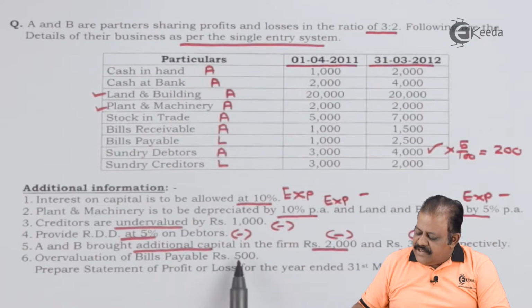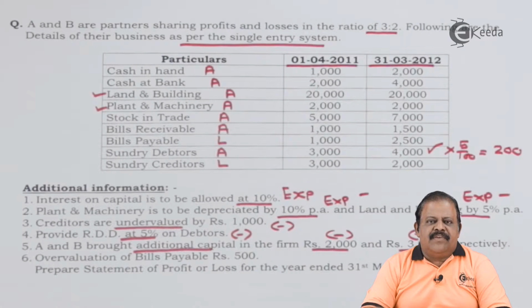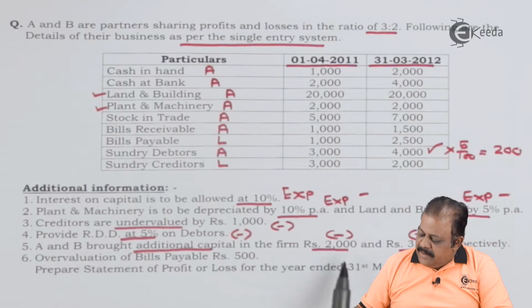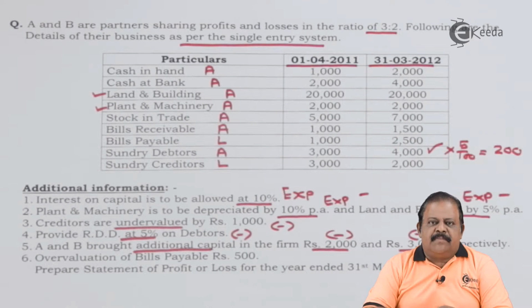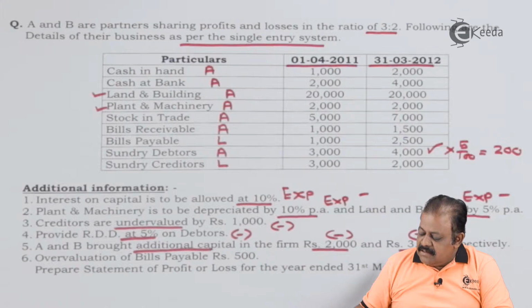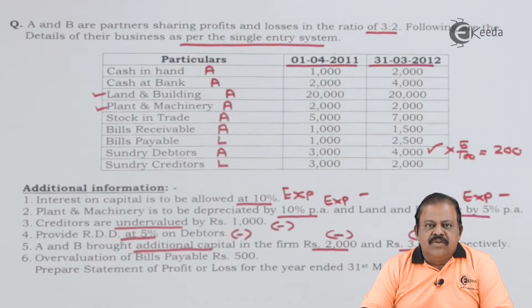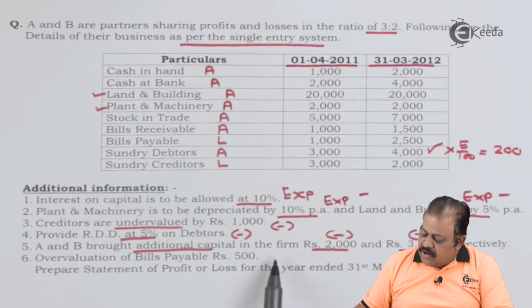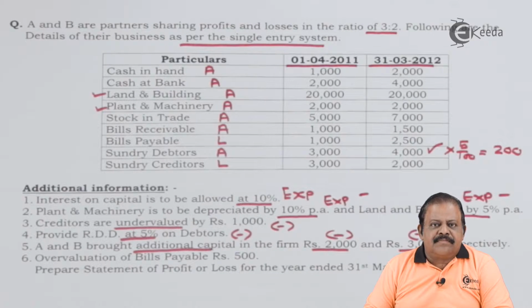These amounts will be deducted while preparing statement of profit and loss. As dates of introduction of these capitals are not given in the question, so we cannot give interest on these additional capitals.